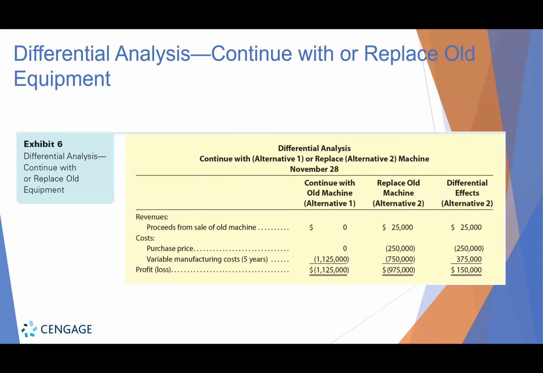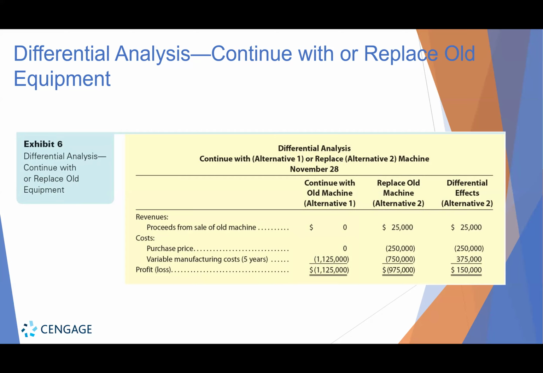So again, we look at it. If we stay with our old machine, we've got our costs of 1,125,000 over 5 years. If we sell the old machine, get a new machine, we've got the cost of what we think we can sell it for.